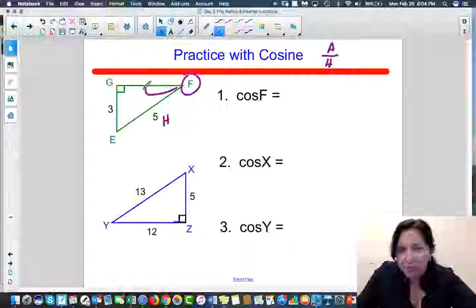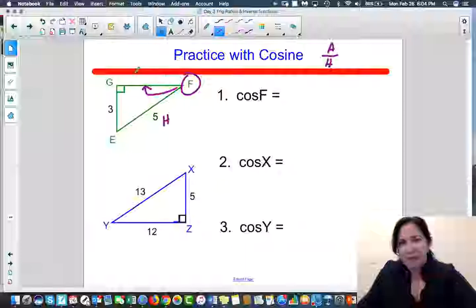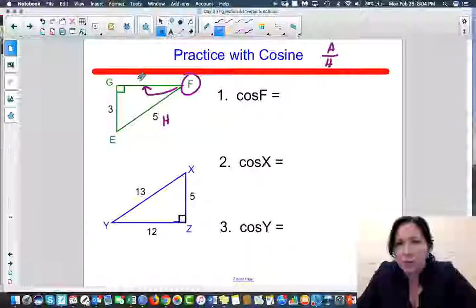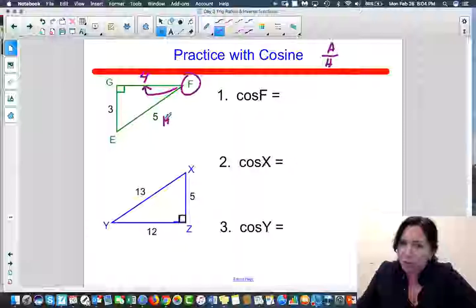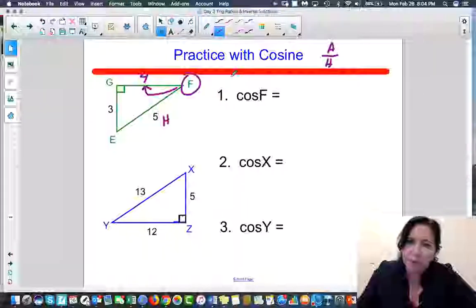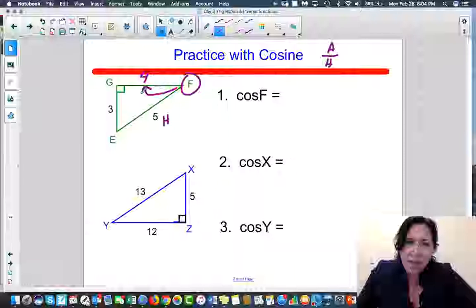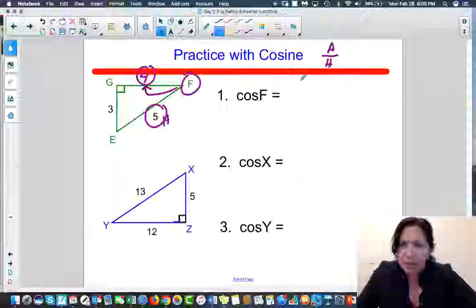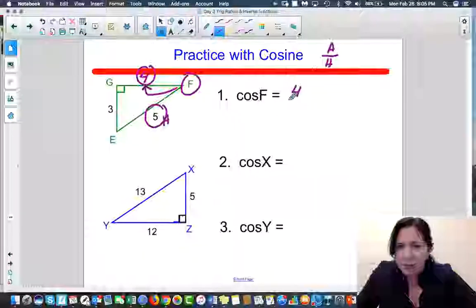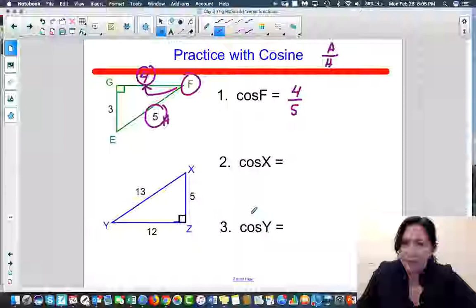My adjacent side is right here, but I don't have a value for that, so I might have to use the Pythagorean theorem. We do know that it's a 3, 4, 5 triangle because it is a triplet, so we're just going to say that it is 4. Cosine is adjacent over hypotenuse, so that gives me 4 over 5.